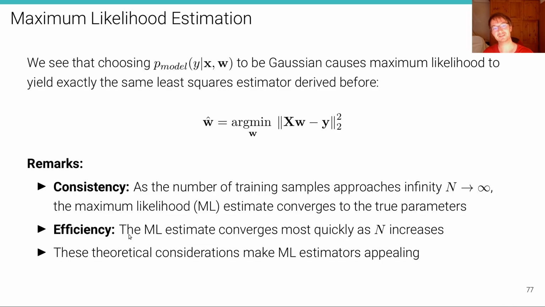It means that amongst all estimators, the maximum likelihood estimator is the one that converges most quickly to these true parameters as n increases. And it provides a nice connection between this probabilistic interpretation, using probability distributions for the model, and this least squares formulation. These are the theoretical considerations that make the maximum likelihood estimator so appealing.